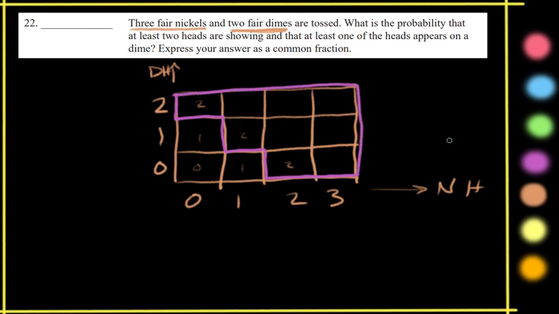And then the other thing they said is that at least 1 head has to be on a dime. Okay, so we can't have these 2 down here. Basically, we want to count the probability of all this region here, not including those 2 down there.